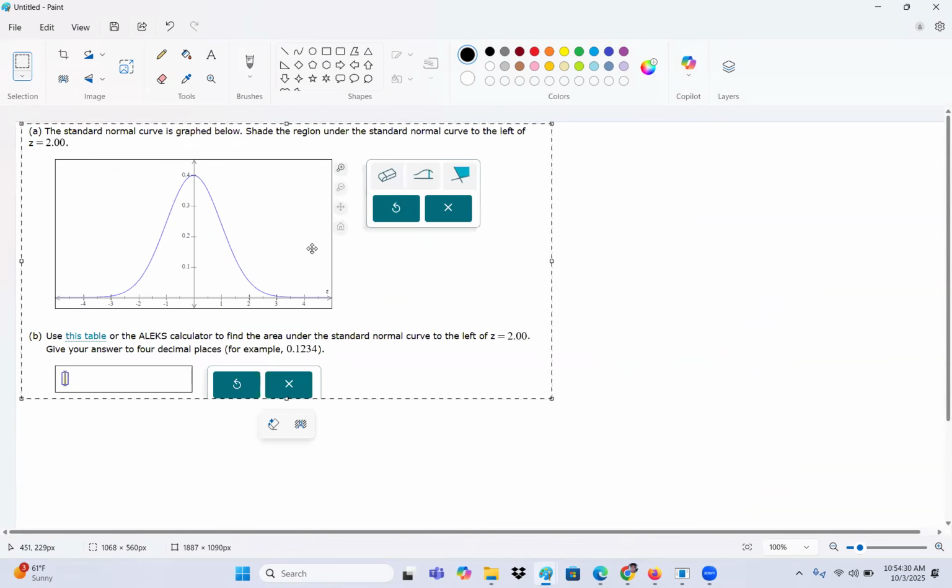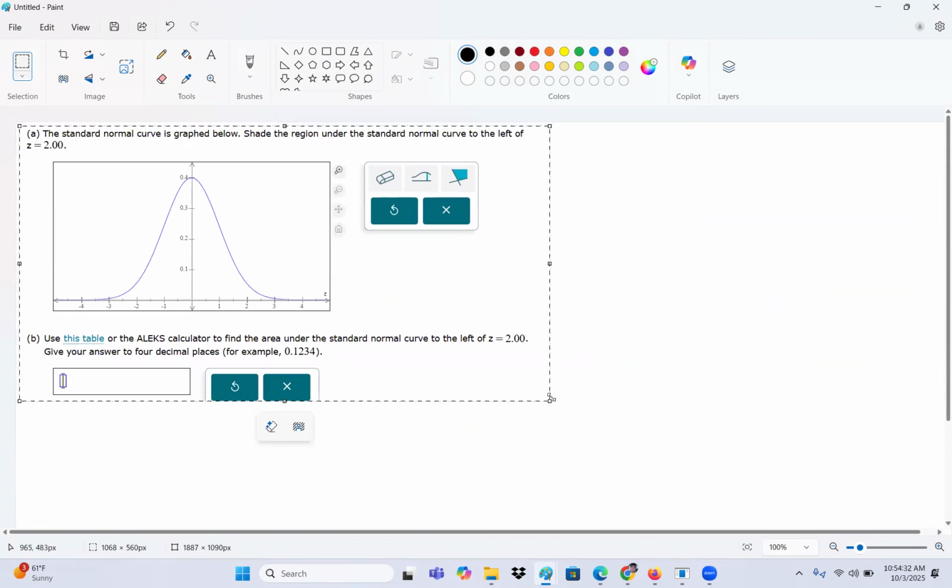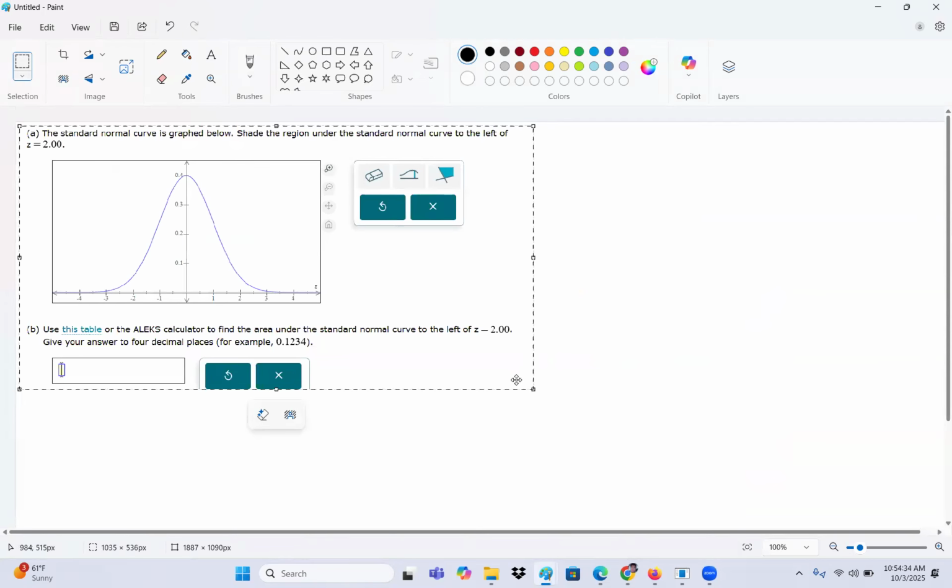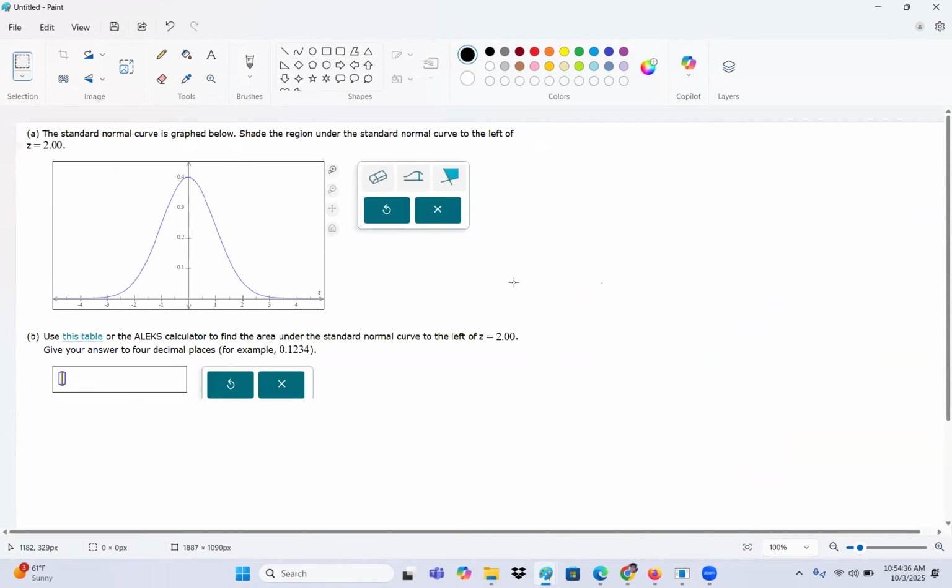We can use a calculator. Let's say to the left: we start from 2 to the left side, which is right here.